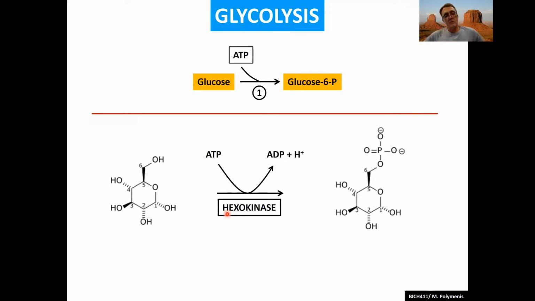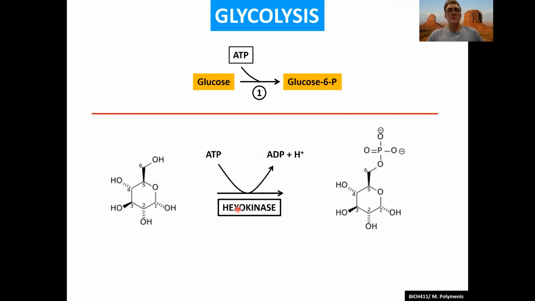And once it comes in, the kinase picks it up. This is a cyclical form of glucose, carbon 1, 2, 3, all the way to 6. In this case, the kinase is called hexokinase. It phosphorylates 6-carbon sugars.